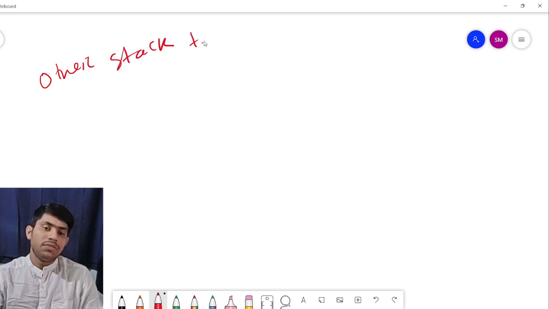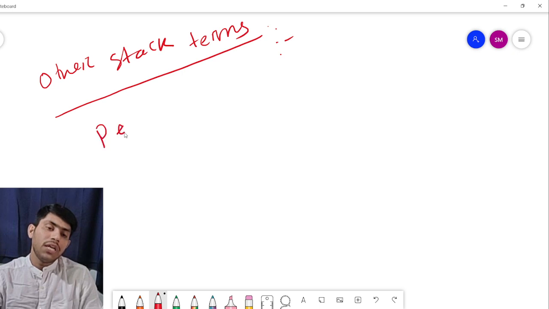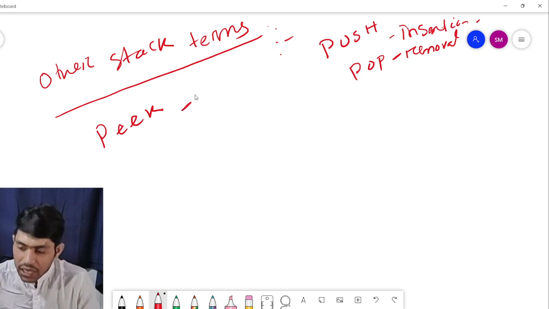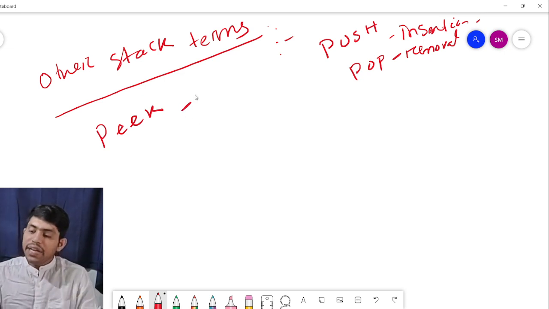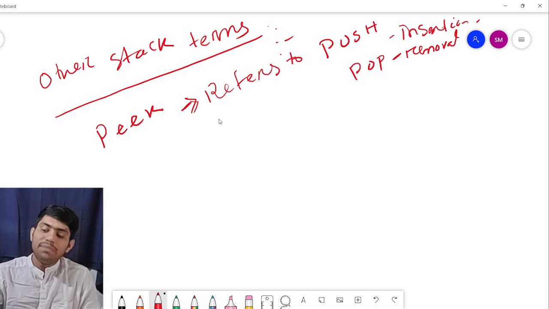What are the other stack terms? There are different terms like peek. Two terms we have already read: push and pop operation. Pop means removal, push means insertion. Now come to peek. What is peek? It refers to inspecting the value at the stack top without removing it.